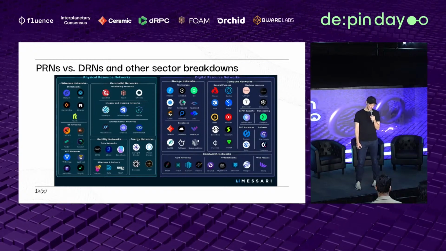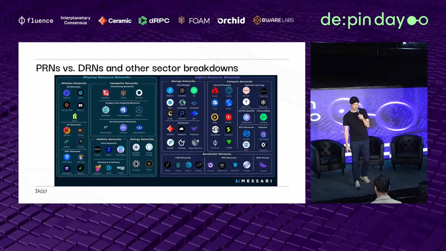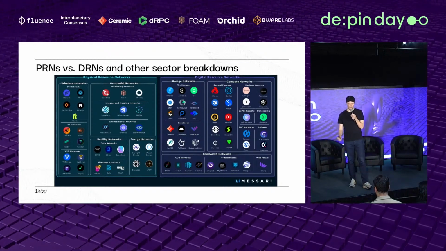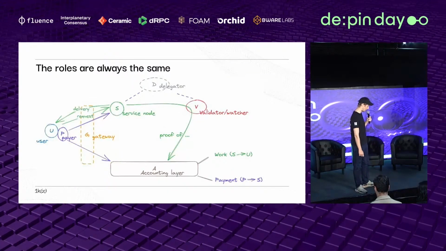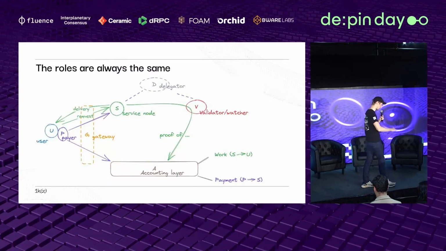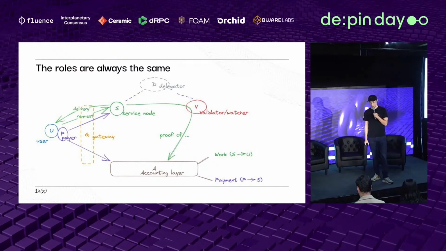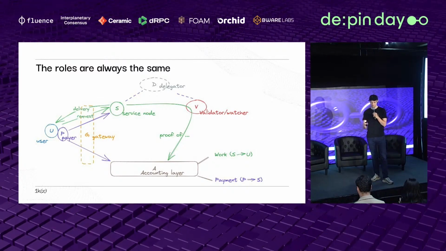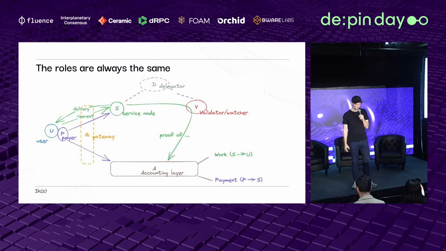But even if you classify it by these sectors, that's still a little bit too cluttered to come up with a joint framework for cost estimation. This is why I took an even step back and looked at a bunch of DePINs and realized, okay, actually the roles that you need to run a DePIN are always the same.